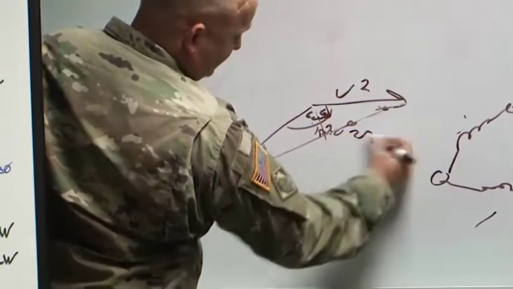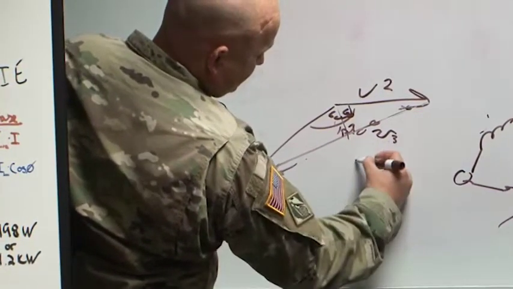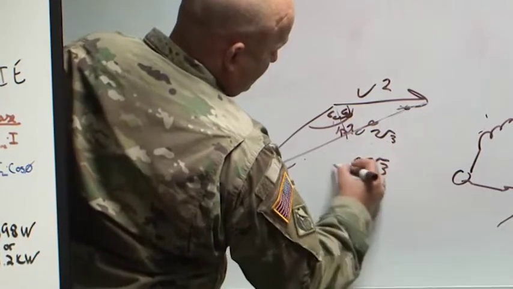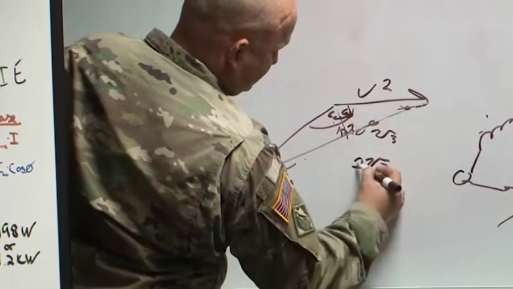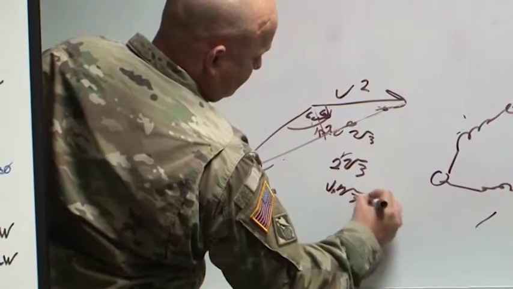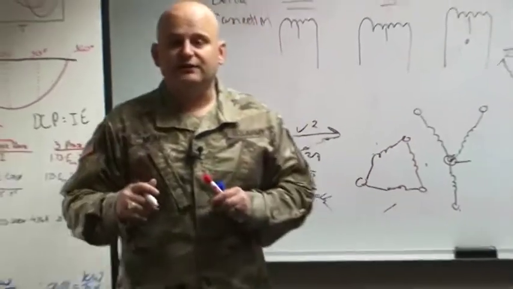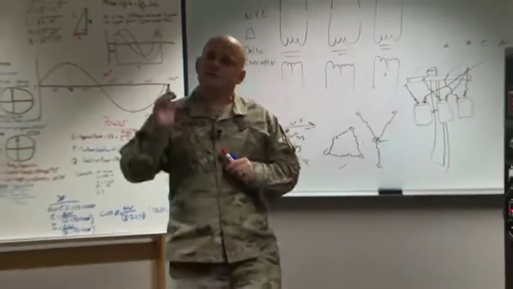That means this resultant vector is 2 times square root of 3, because I got square root of 3 here and square root of 3 here, so 2 square root of 3, and I know that 2 equals V, so I substitute V for that, and I have V phase square root of 3 equals V line. And when you do the arctan of this, it's going to be V line at a 30 degree phase shift.